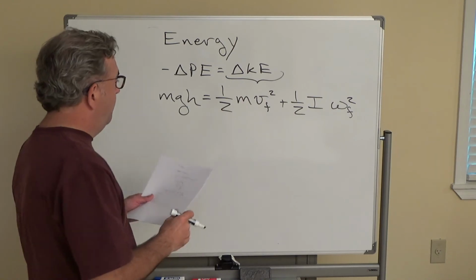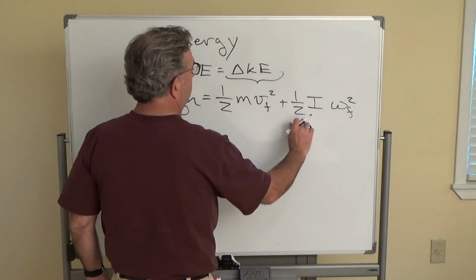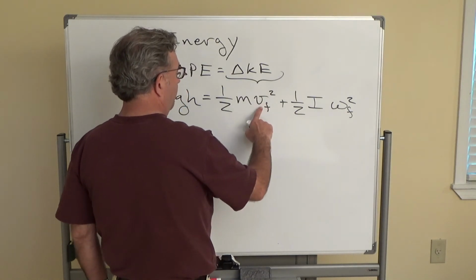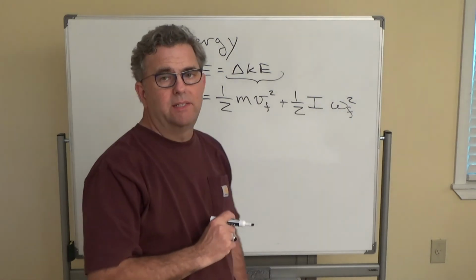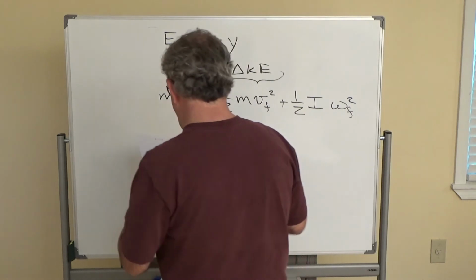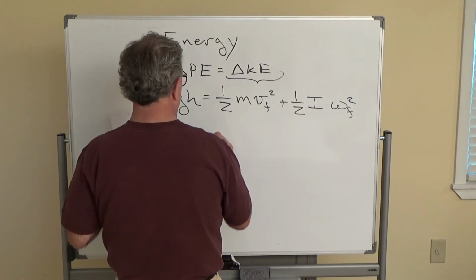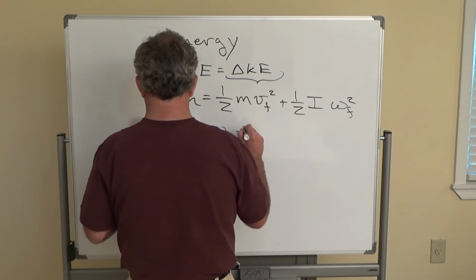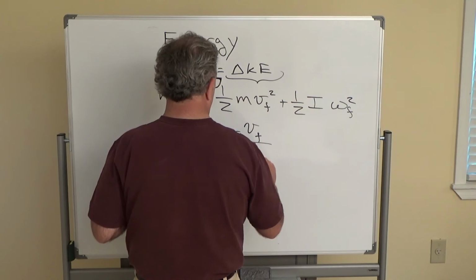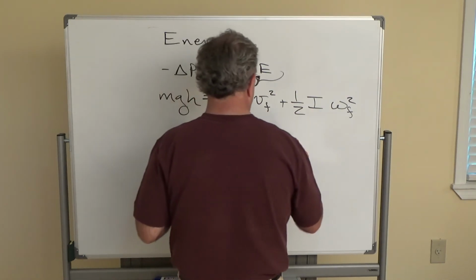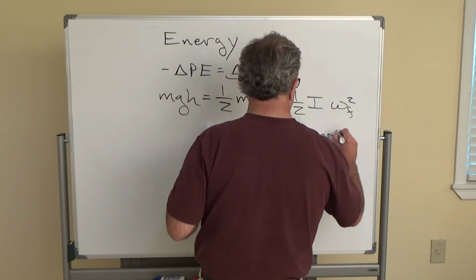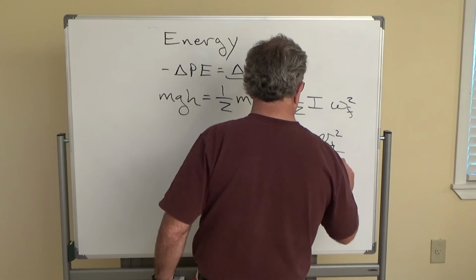Then you can find the relationship between omega final and v final. I did an example problem like this the other day in class. So omega final is equal to v final over r. So omega final squared is equal to v final squared divided by r squared.